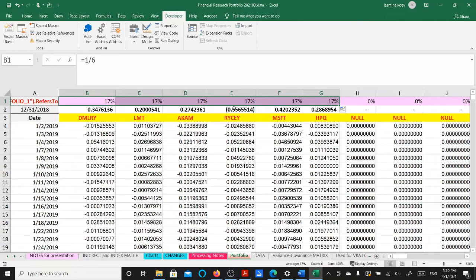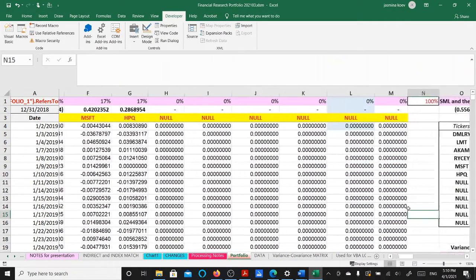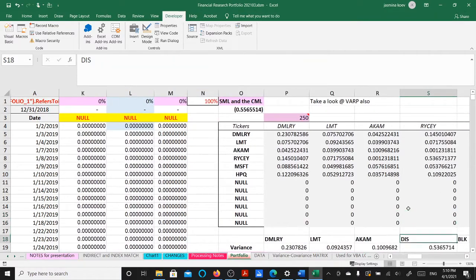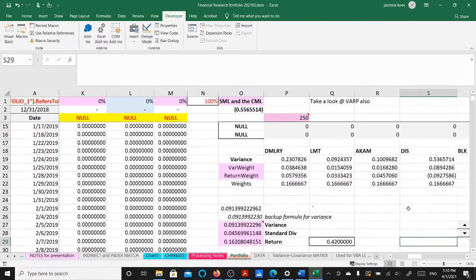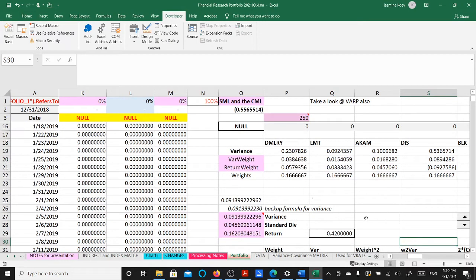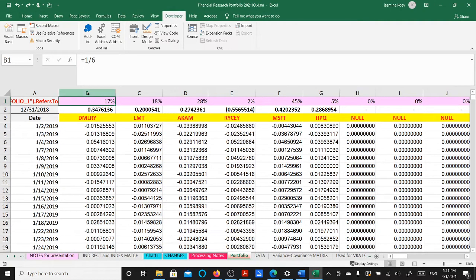So the sum is 100%. Now if I go back to my portfolio variance and my portfolio return, if I equally invested in everything instead of an asset mix, I would have received a 16% return and a variance of 9%. So obviously, the previous portfolio, the one that's giving me a mix of 17% in Daimler, Lockheed 18, Akamai 28, Rolls-Royce a minimum of 2, and remember I was forcing this.